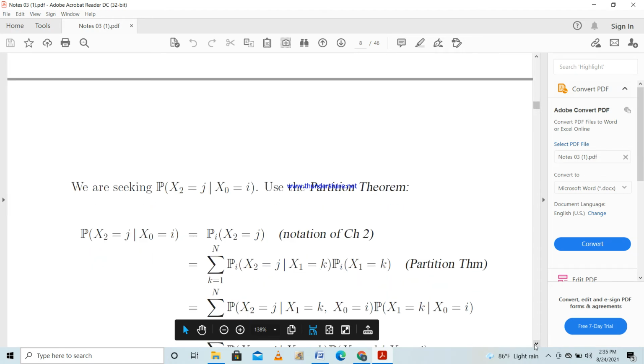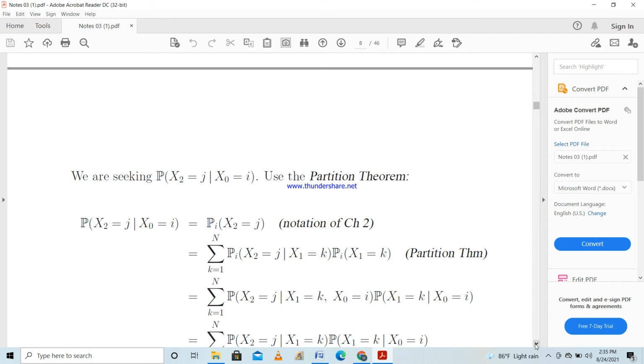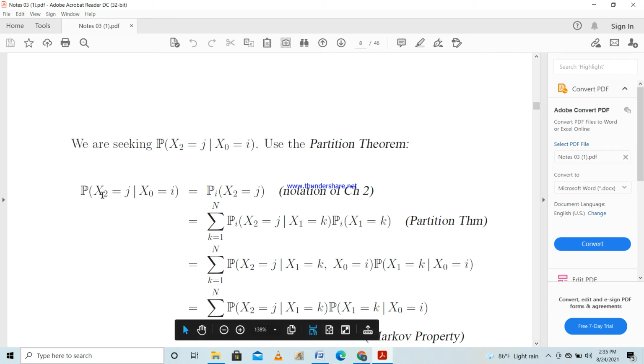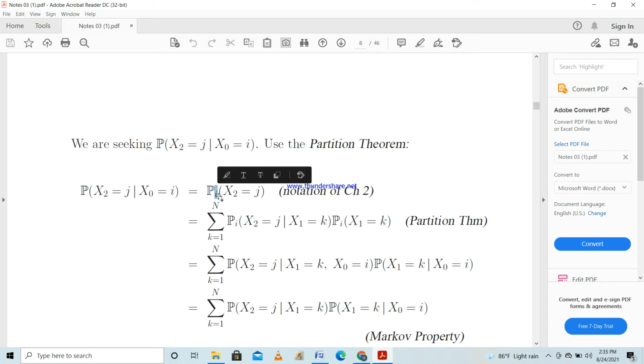In that case, we can use the partition theorem. So here we are going to find the probability x2 is equal to j, given that x0 is i. We can write this using the notation: the initial state is i, probability x2 is j. Now the intermediate step, that is x1, we don't know where we were when t was equal to 1.